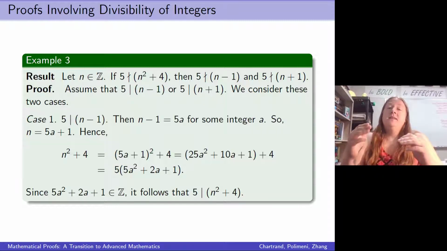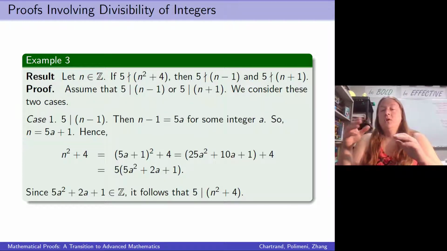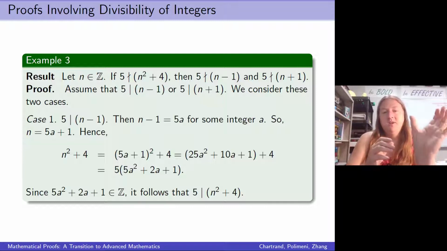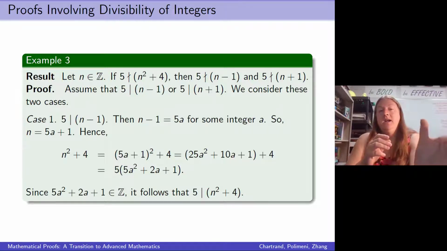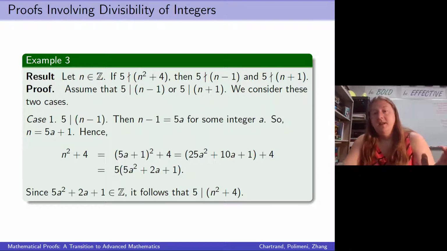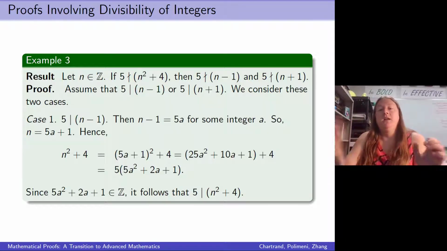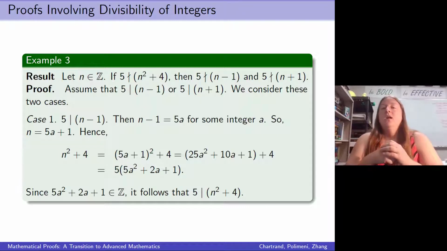Now, it's not always the case, but it's often the case that if I'm using the word not in all the parts, so my P statement, 5 does not divide n squared plus 4, has a not in it, and my Q statement has a pair of nots in it, 5 does not divide n minus 1, and 5 does not divide n plus 1.